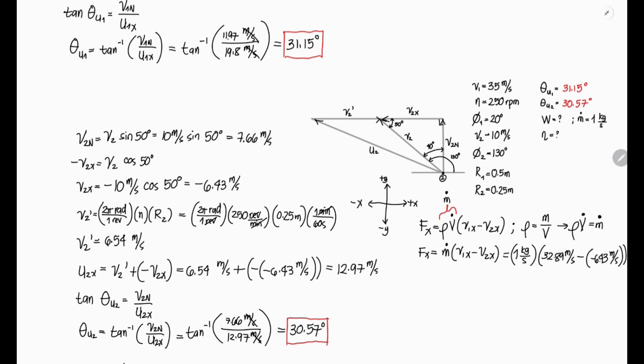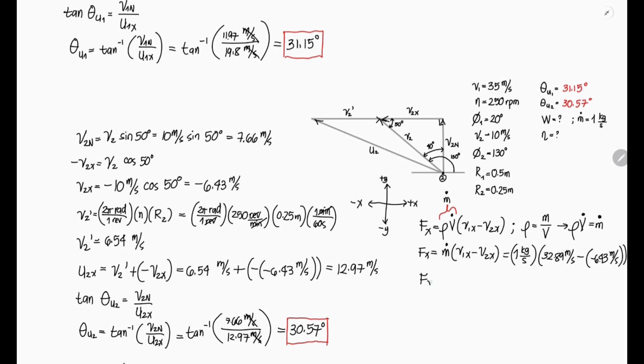Close your quantity. So since this is negative, multiplying to a negative value as well, magkakaroon tayo ng addition na dito ng value. So 32.89 meters per second plus the 6.43 meters per second multiplied to kilogram per second.